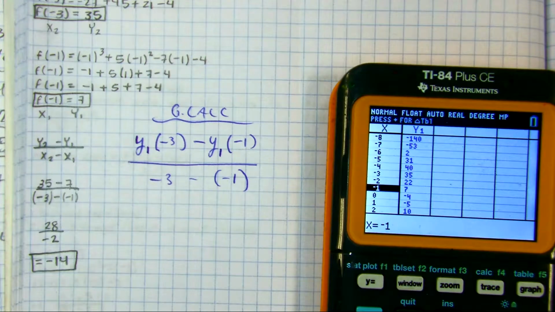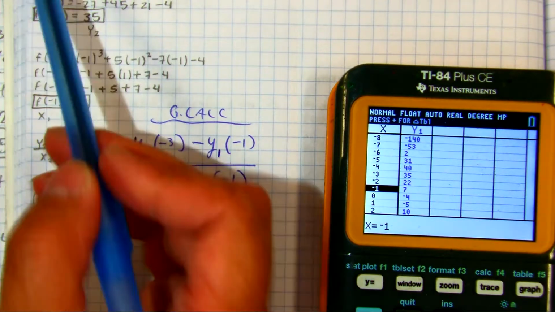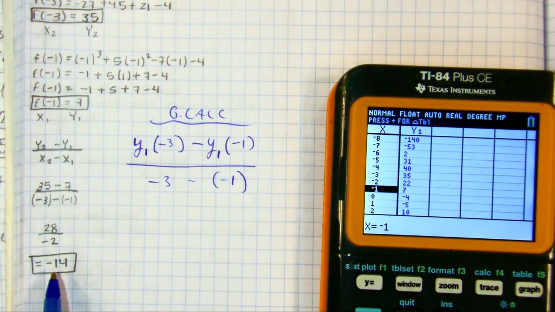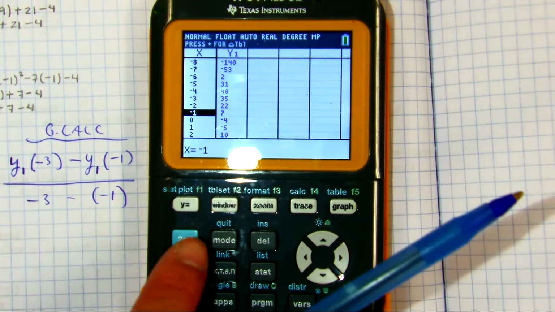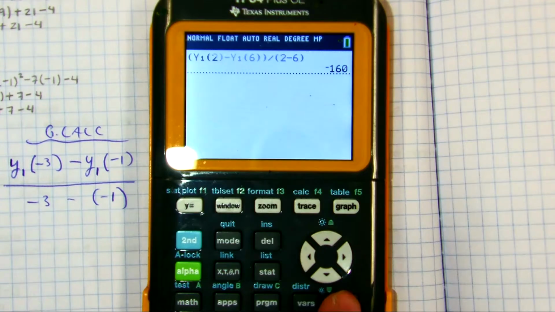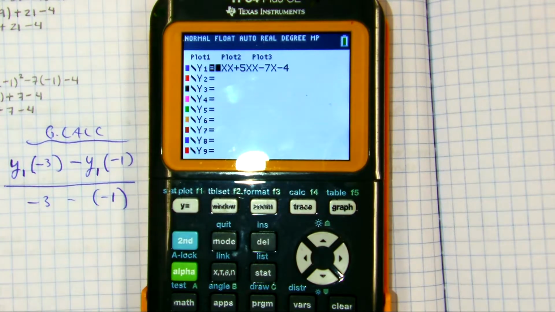So now I'm going to show you guys how the calculator could actually put all of this in and spit out the answer. So I'm going to go to the home screen. I'm going to press second quit. Make sure if you haven't already, you're putting that into your y equals.